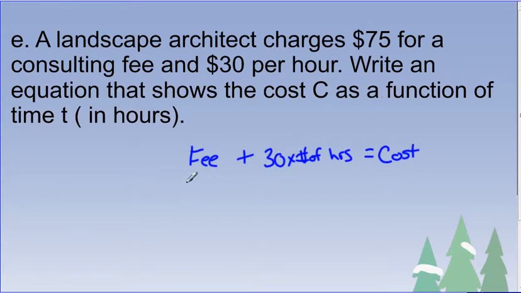Okay? So this is kind of like a verbal model. We can take this now and turn it into our equation. So the fee was $75 plus $30, and in hours, it's using this variable t, so 30t, and that gives us the total cost, which they say is a c.